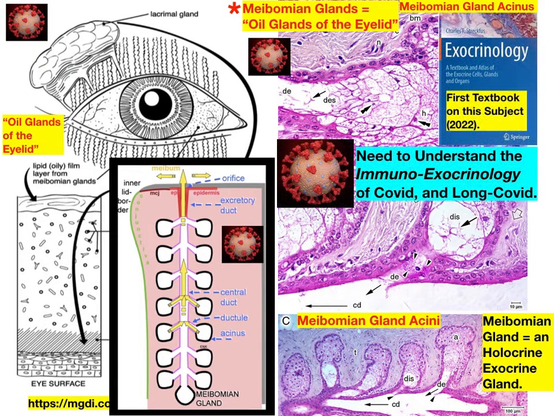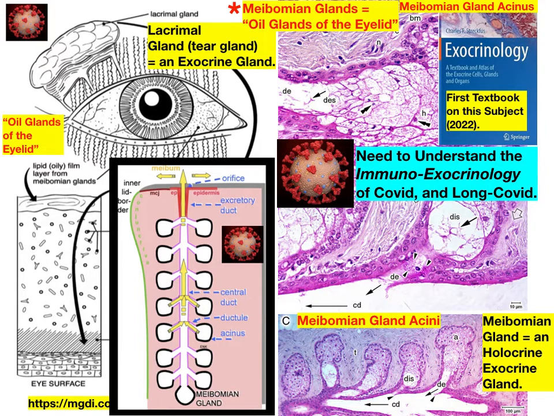For that reason, it's important to understand the immunoexocrinology of COVID and long COVID, and this means understanding the immunoendocrinology of mucosal tissues and the exocrine fluids in particular. Besides the meibomian glands, the other exocrine glands that produce tear fluid are the lacrimal glands.